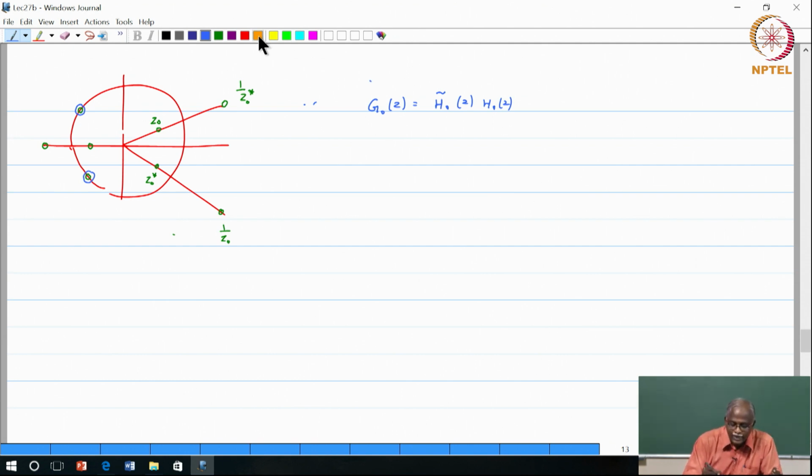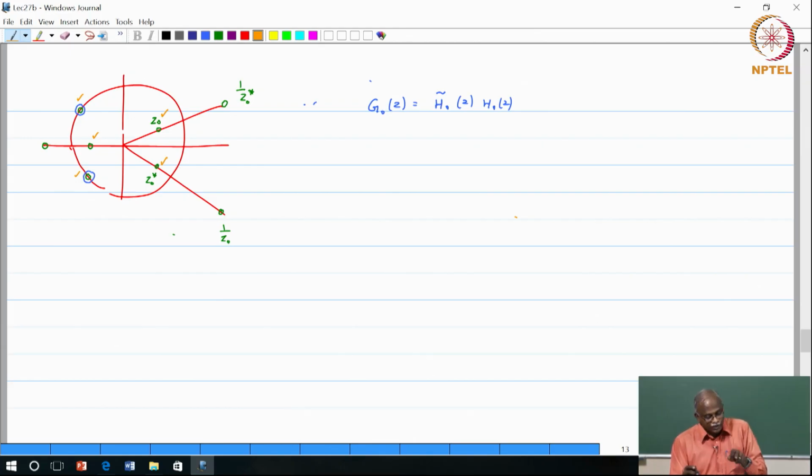So, here is a choice of zeros for spectral factorization. I will take z0, I will take z0 conjugate, so that the filter coefficients will be real. I can take the zero inside the unit circle, I will take the blue one here and the blue one here. Now, what is left for H tilde? Everything that does not have a tick mark, and you will find that you are able to satisfy the para-conjugation property, where the zeros have to be in reciprocal conjugate locations.